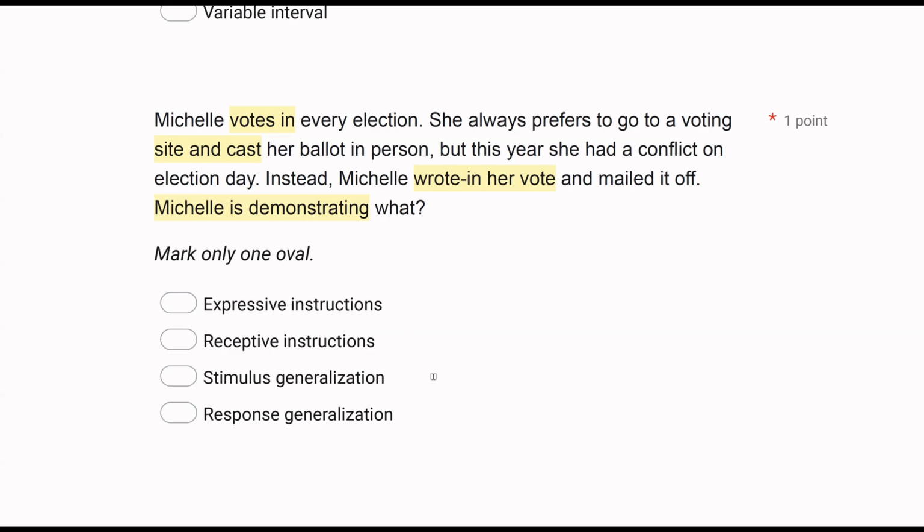Stimulus generalization. Stimulus generalization occurs when a single response happens in the presence of multiple stimuli. In this case, the stimulus is it's time to vote, and Michelle engages in multiple responses. The first response is going to the voting site in person. The second response is writing in her vote. So Michelle's ability to engage in different responses to meet the same function is her ability to generalize responses, or response generalization.